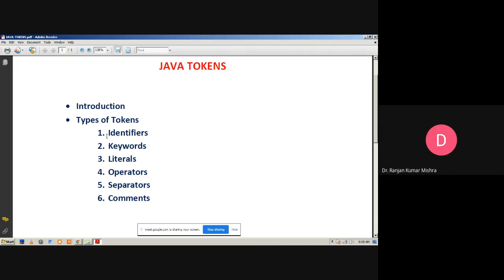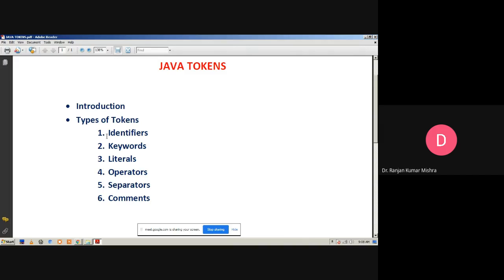I want to introduce some keywords in Java, for example: instanceof, abstract, double, static, synchronized, transient, volatile, implements, import, inner, package, null, new, native.